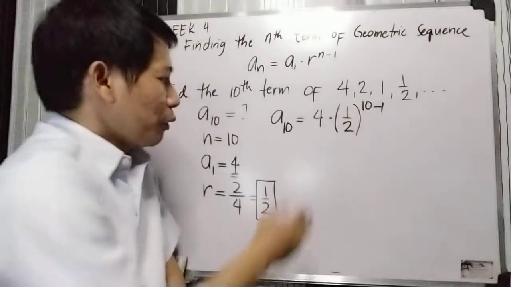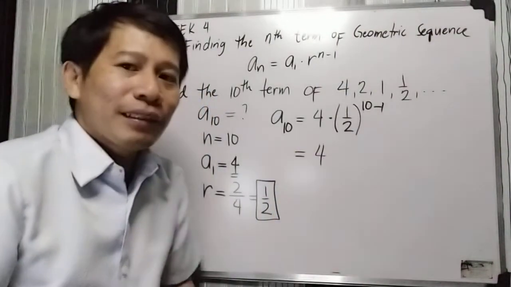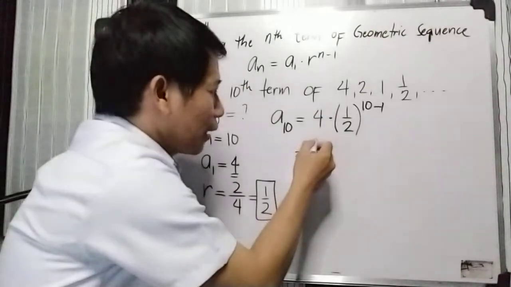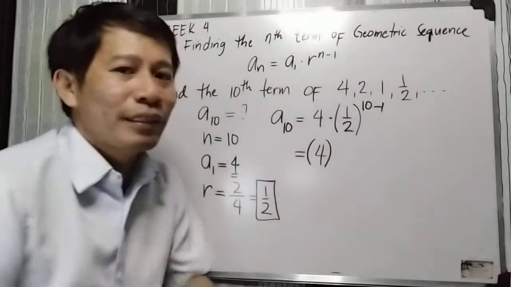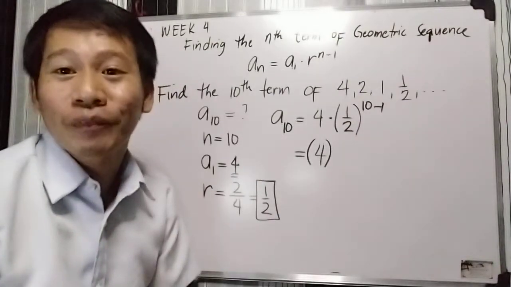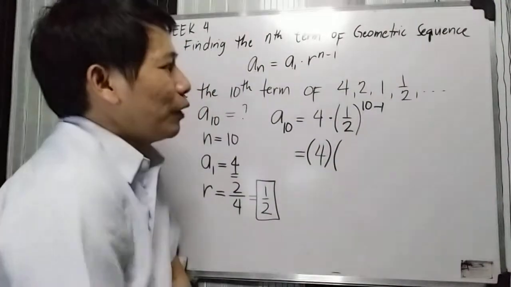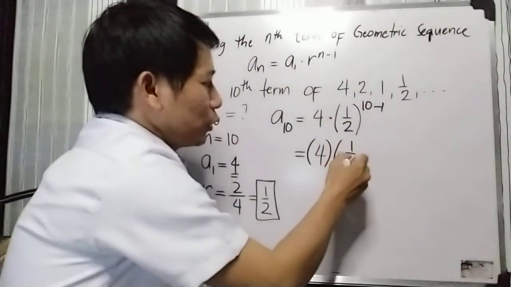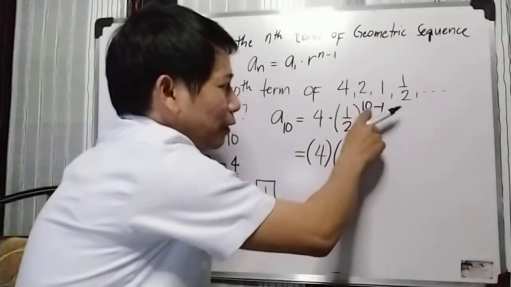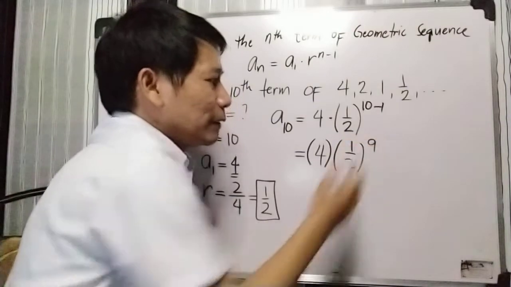Actually, kahit hindi na natin ilagay yung dot, gumamit na lang tayo ng parenthesis, pwede naman. Dot and parenthesis both denote multiplication. So 4 times 1/2 raised to 10 minus 1. We subtract first, and that is raised to 9.